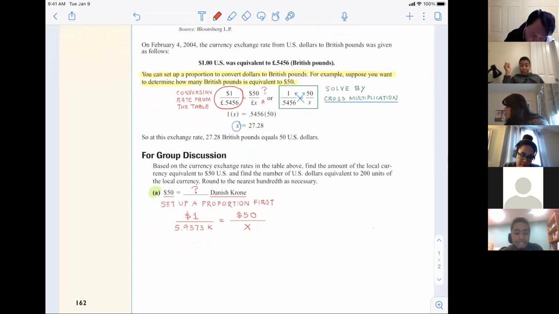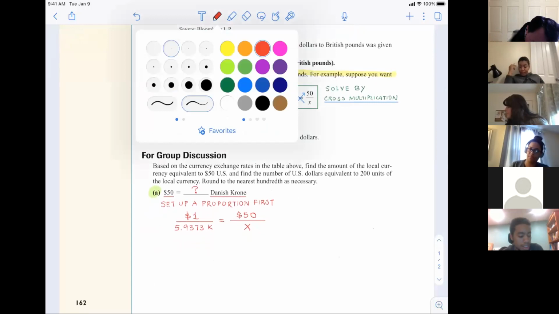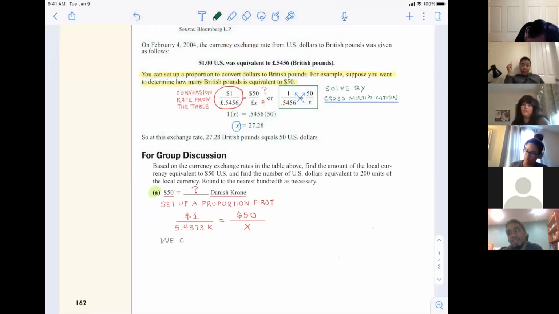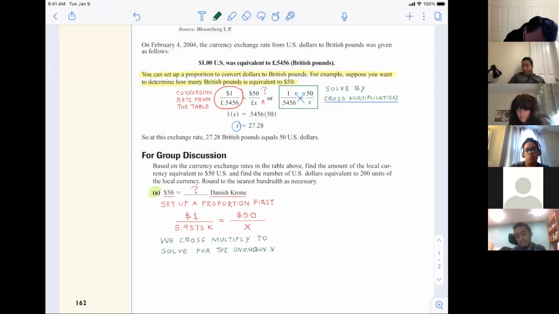Well, we will cross multiply, right? To solve for the unknown x, once again, we're going to have 1 times x equals 5.9373 times $50.